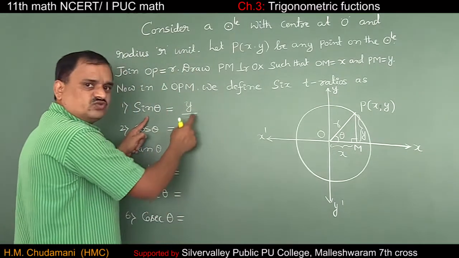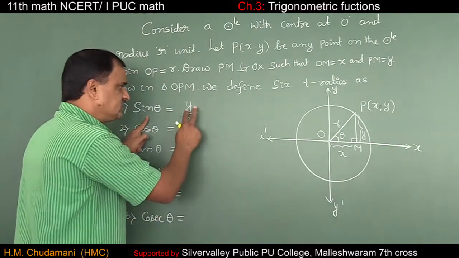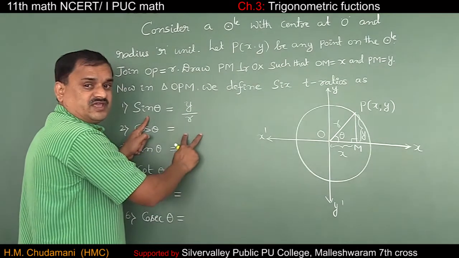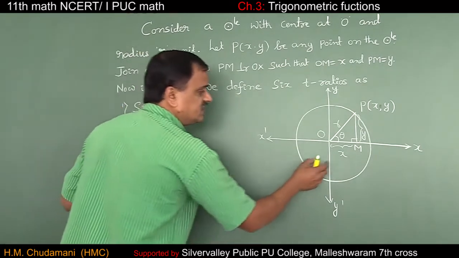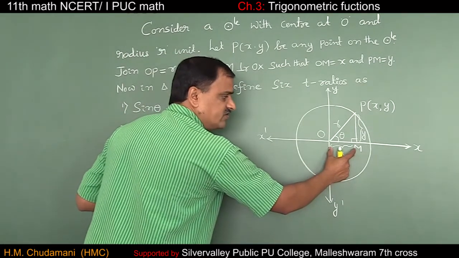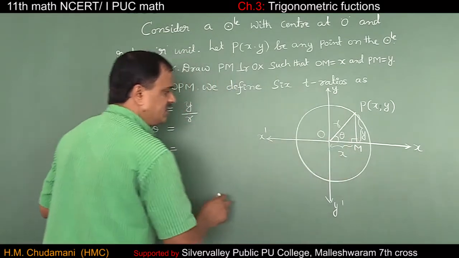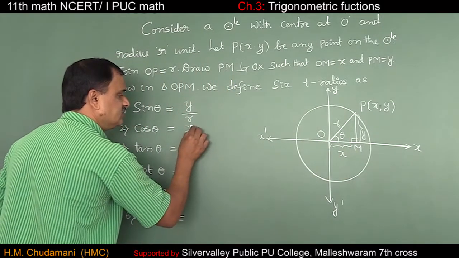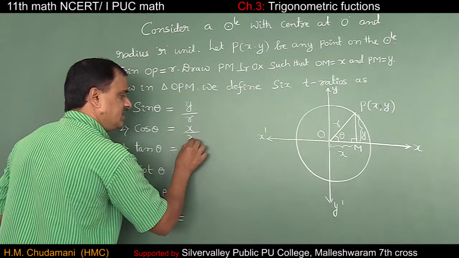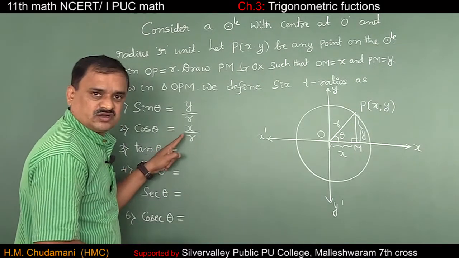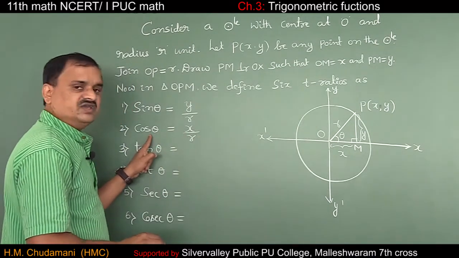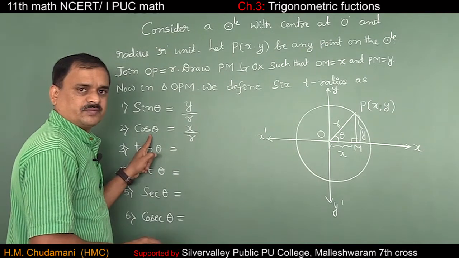Sin theta is y by r, or ordinate divided by the distance. Cosine of the angle theta is OM divided by OP. OM is nothing but x, divided by r. Abscissa divided by distance is cosine of the angle theta.